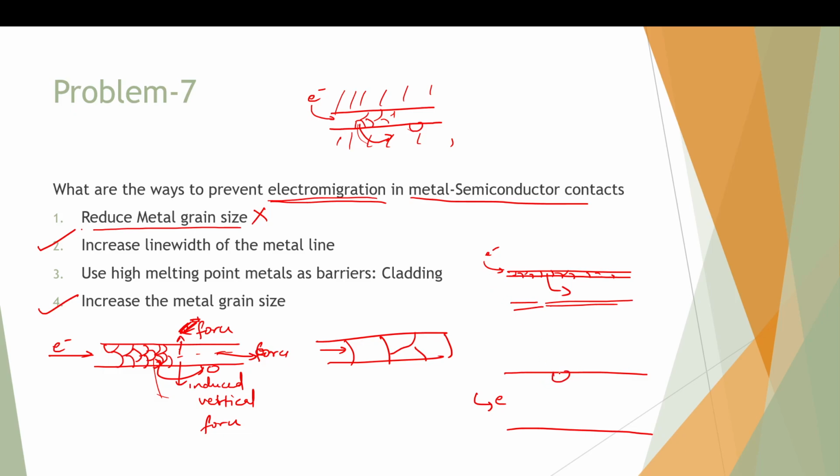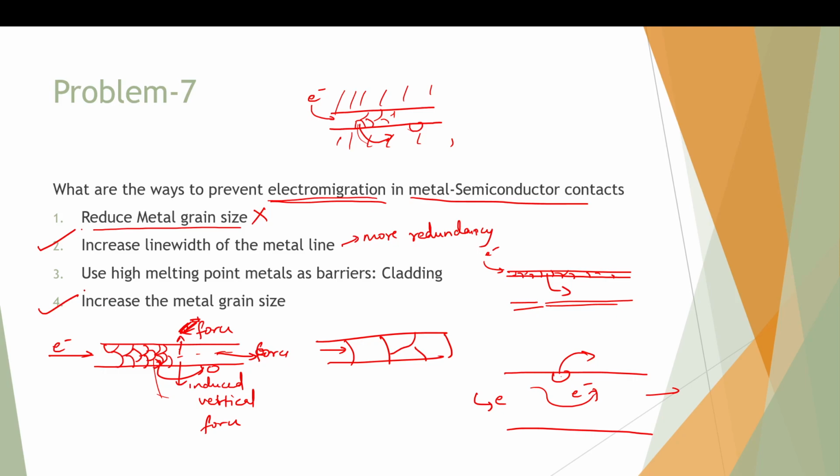However, in the wide line, if one part gets knocked off, we still have other parts for the electrons to flow. It can flow around it, so there is more redundancy. That's why increasing the line width helps. Also, having larger grain size helps. Smaller grain size is easier to knock off. Larger grains are difficult to knock.